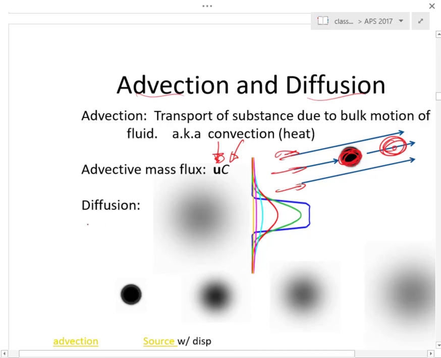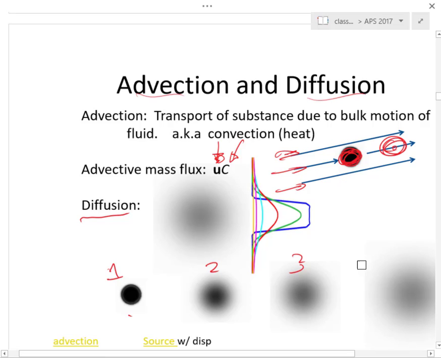So that's advection, it's just tracking with the flow. Now diffusion is a process we've seen in class already. We can think of this as being step one for diffusion. We go a little bit longer time, and this would be time 2 and time 3 and time 4. So if we start with a circular mass and everything's stationary, then we have these different images of the concentration distribution at various different times.